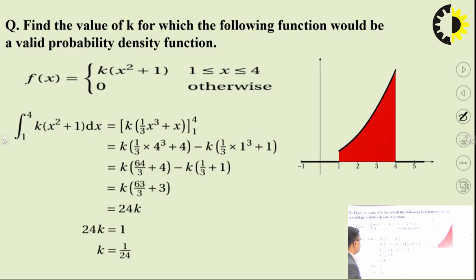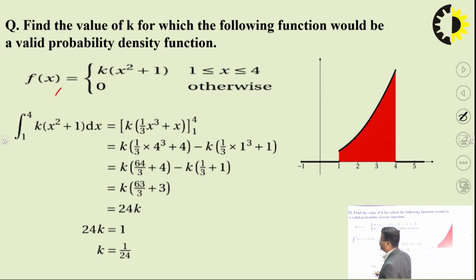Now, these are some examples. From these examples, you can understand how you identify whether the function is a PDF or not. From the properties you can do it. In this question you have to find the value of k for which the following function is a valid probability distribution.